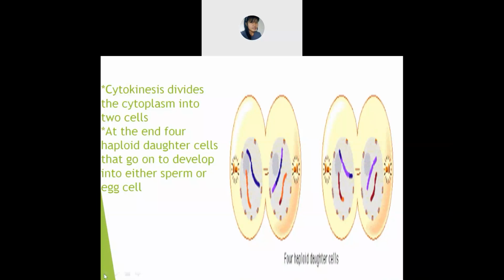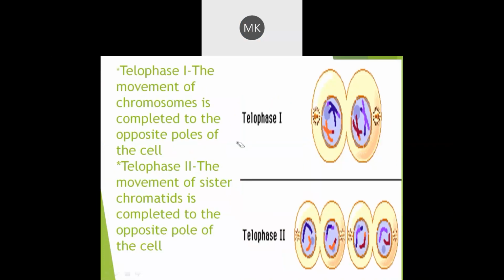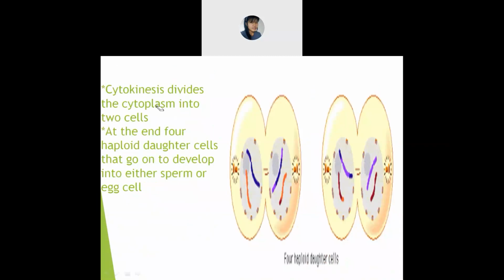Read this out. Cytokinesis. Okay, so after that, it will divide into two. In meiosis 1, it will divide into 2, but in meiosis 2, it will divide into 4. Are you clear? Okay, don't forget. Okay, that's all for today's class. Thank you.